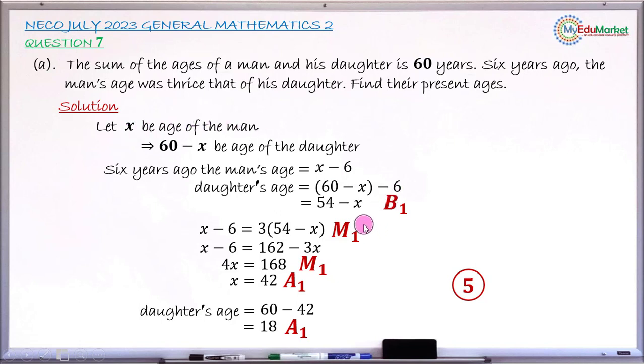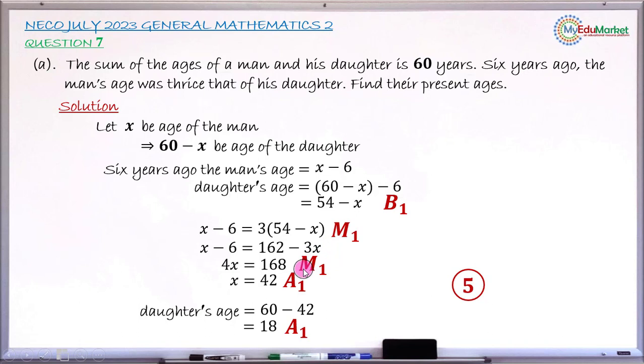The next mark is the method 1 mark. When you relate the age of the man and the age of the daughter 6 years ago appropriately, you have this method 1 mark. And the next mark is the method 1 mark for attempting to solve that simple equation.